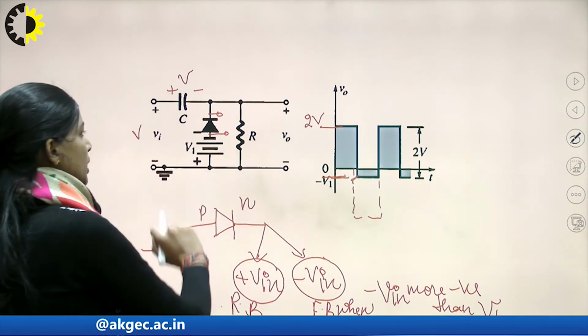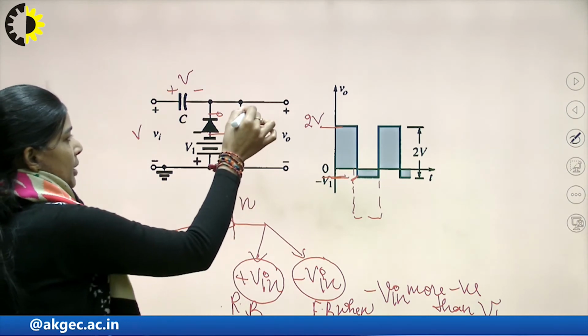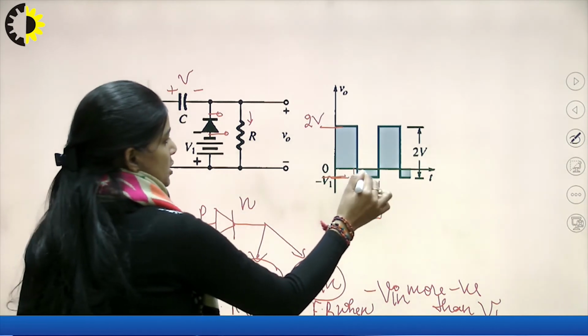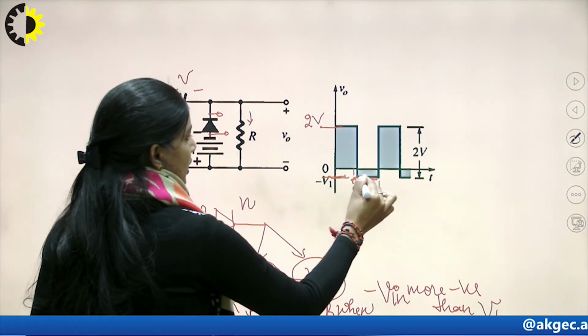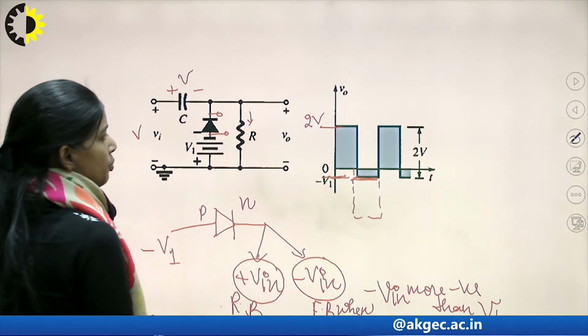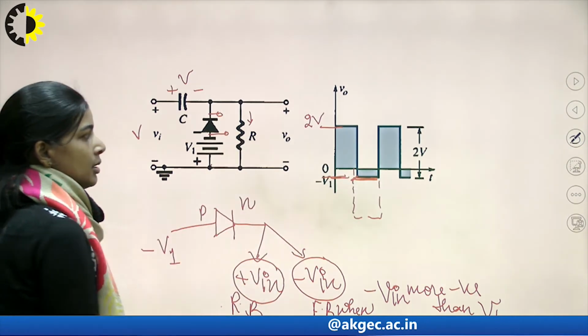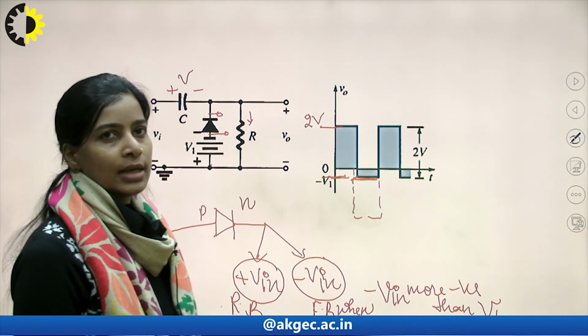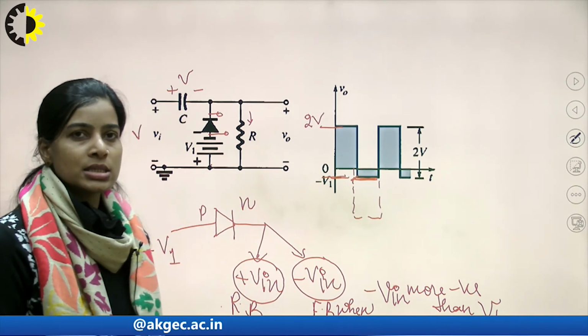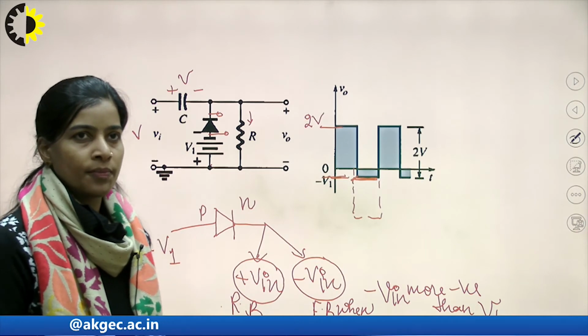And when the diode becomes forward biased, there will be no current across this load resistance. So beyond this point, we do not get any output. The voltage appearing across the output remains the same, that is the V1 voltage, the DC supply that we have applied to bias this clamper circuit.